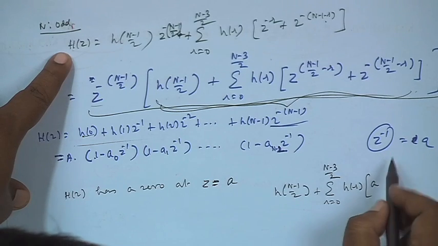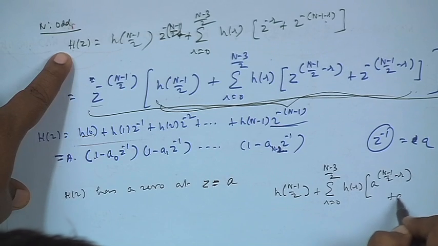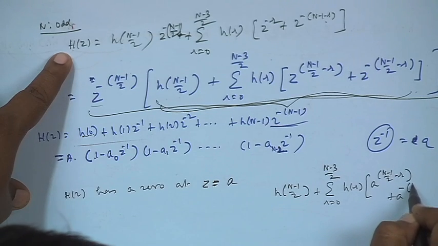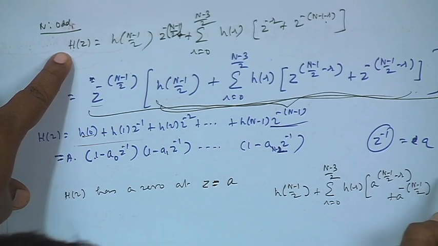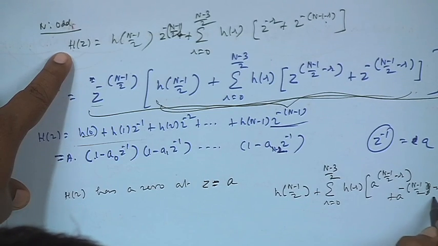That is, a to the power something plus a to the power minus the same thing, this equal to 0.